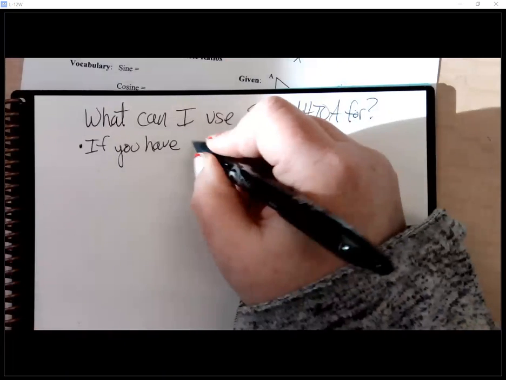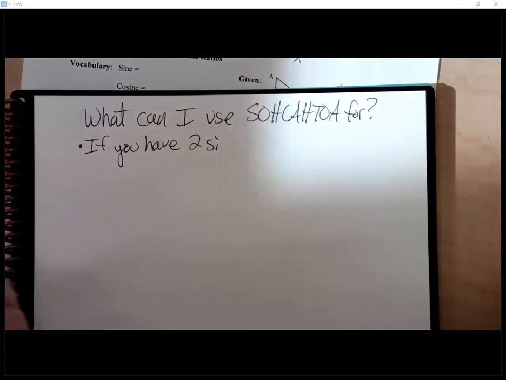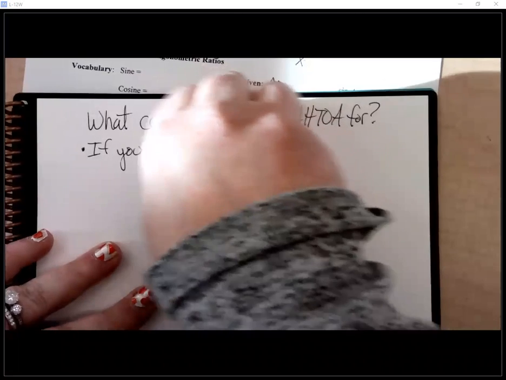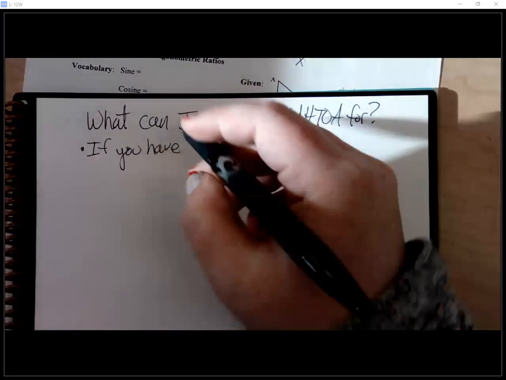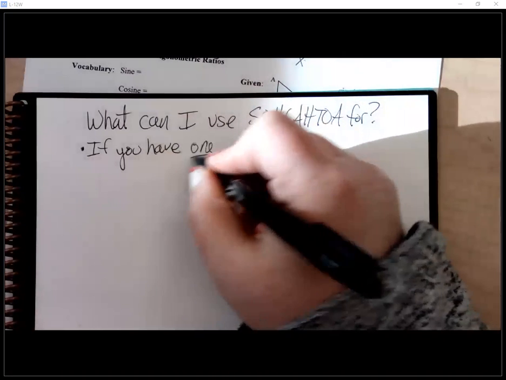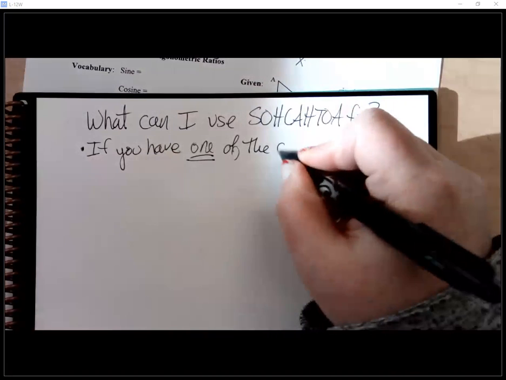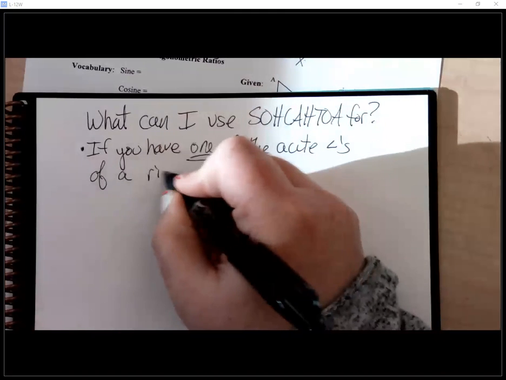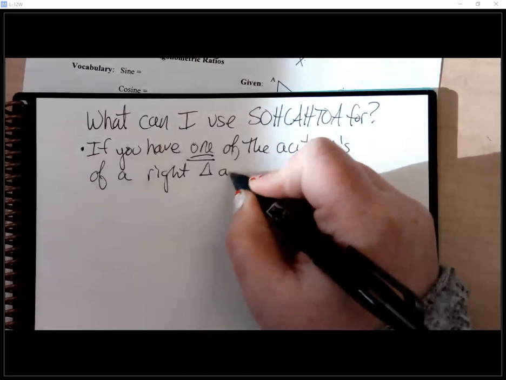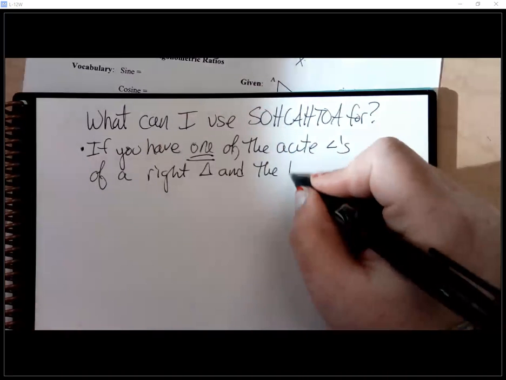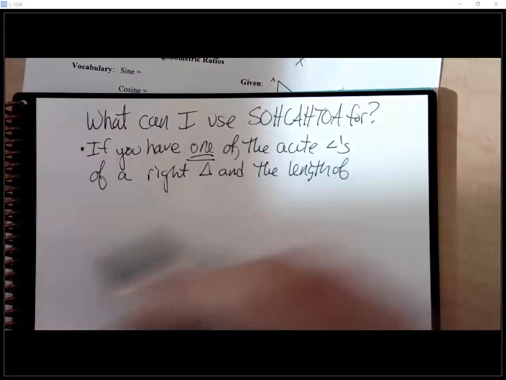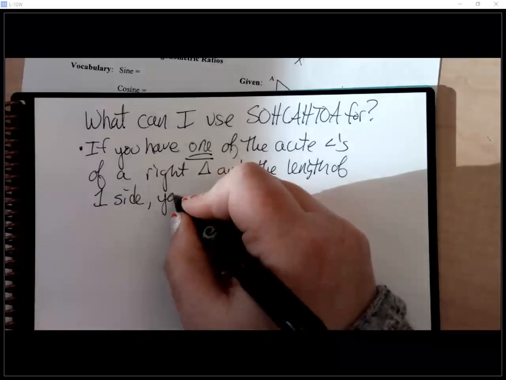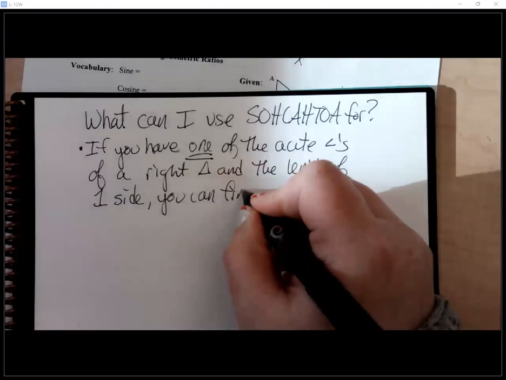If you have one of the acute angles of a right triangle and the length of one side, any side, literally any side, you can find all of the other parts.